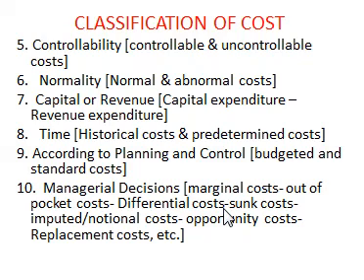Sunk costs are past costs, which we have already talked about as the historical cost. Opportunity cost is the cost of the best alternative foregone. Replacement cost is the cost that you incur in replacing an asset.